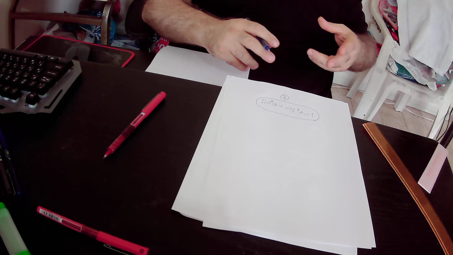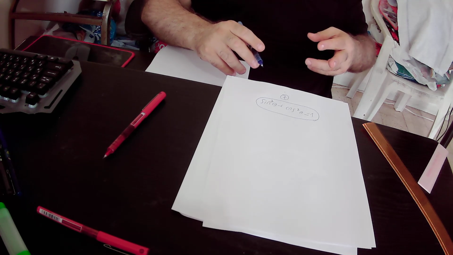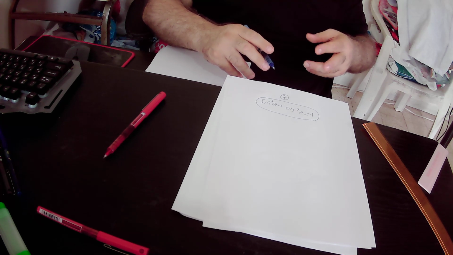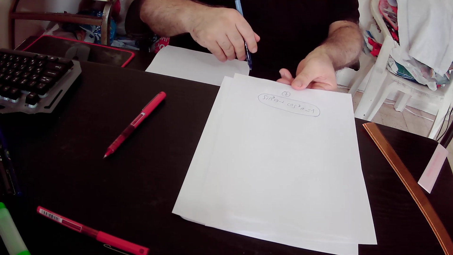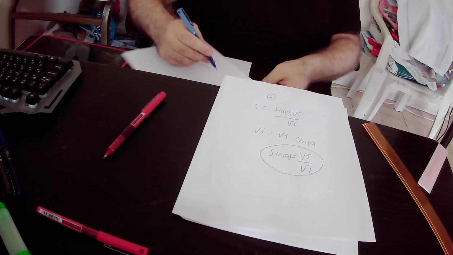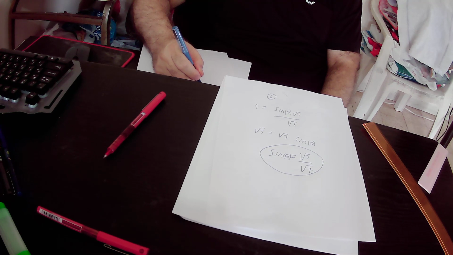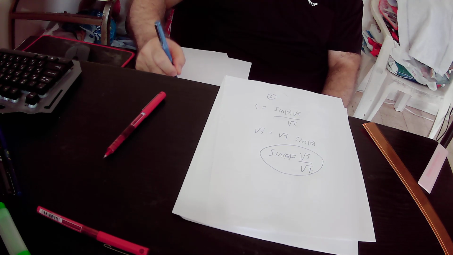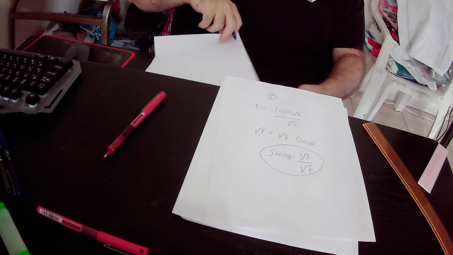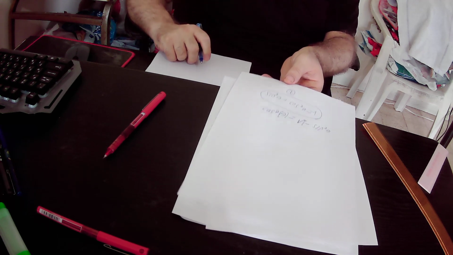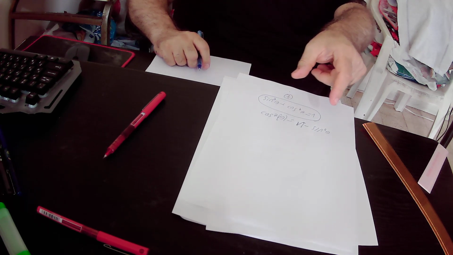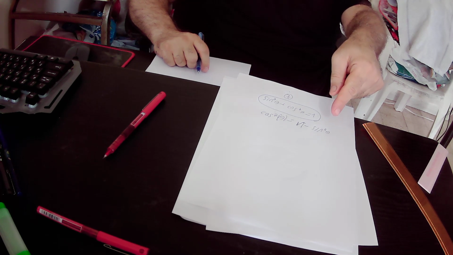In this identity, we subtract from this equation sine theta squared, and we will get that cosine theta squared equals 1 minus sine theta squared.